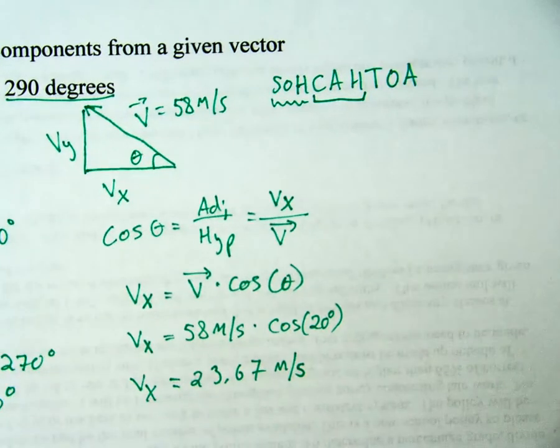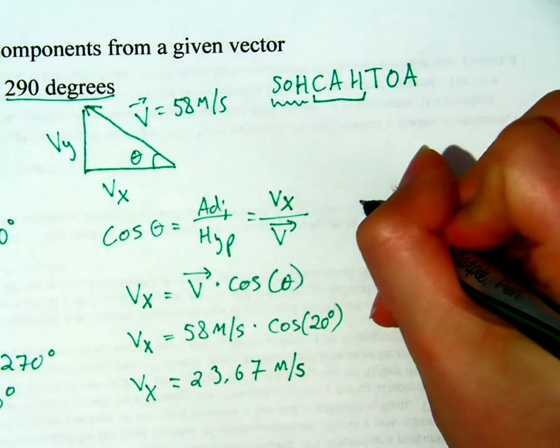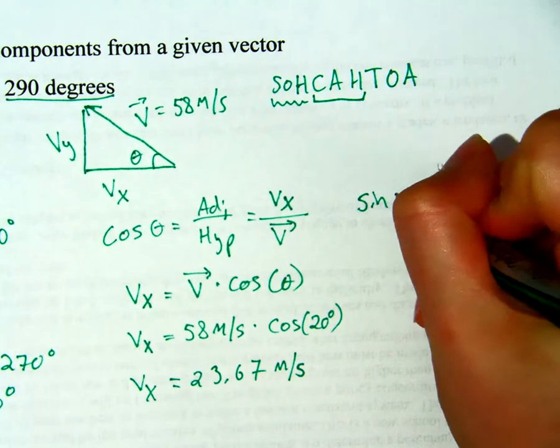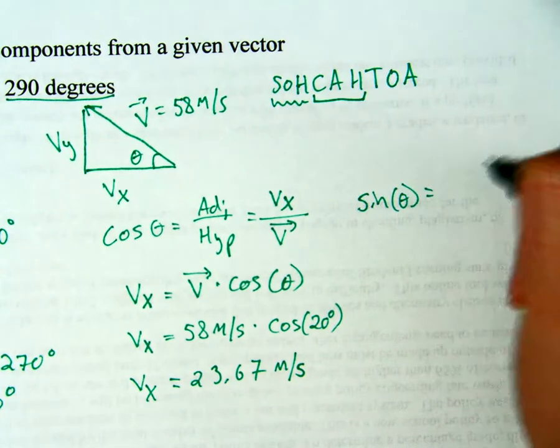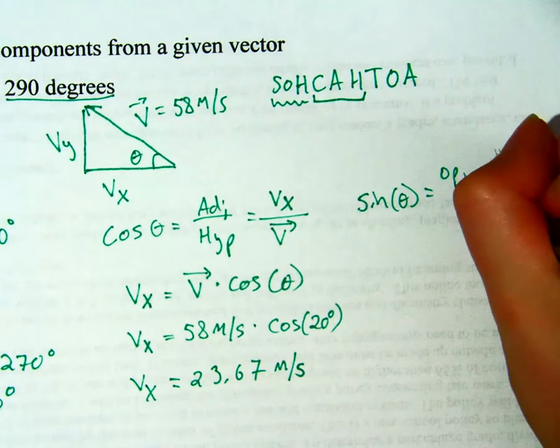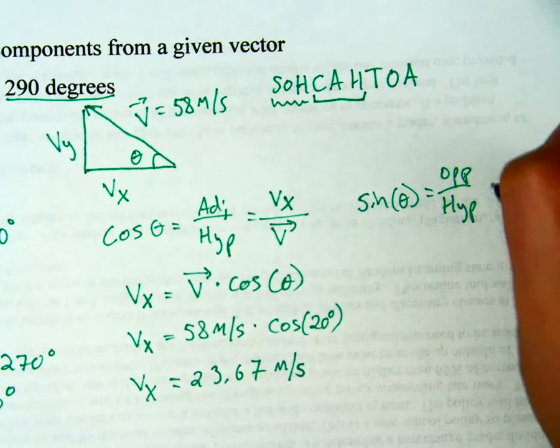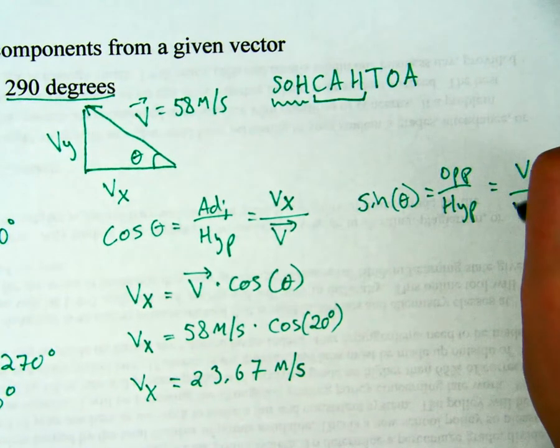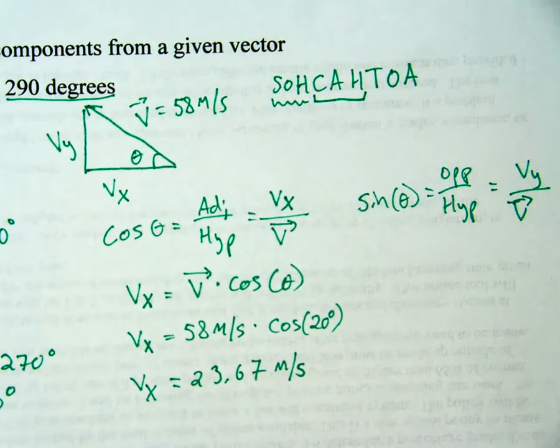I'm going to move the page over so I have a little bit more room to work. To solve for our y component, we want to use the sine of theta, and that's going to be opposite over hypotenuse, or vy over v vector. Now we just want to solve for vy.